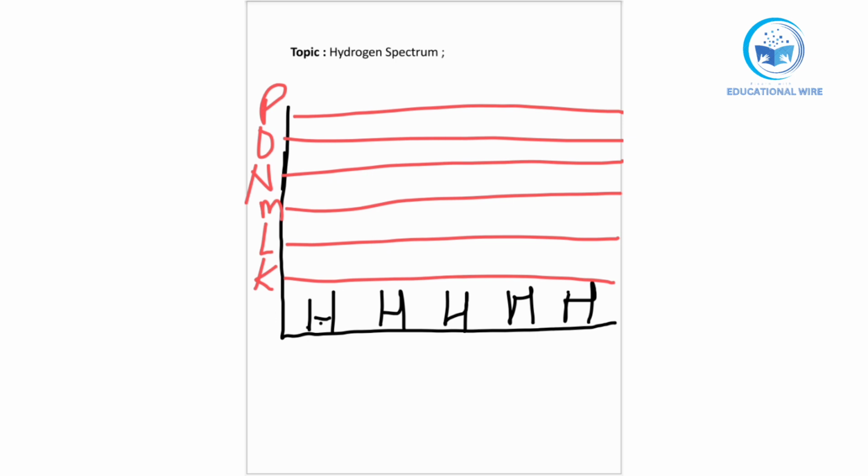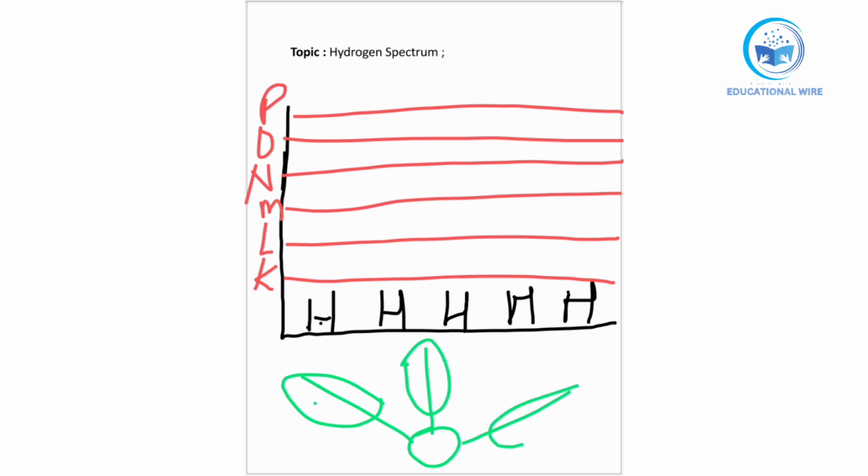Now let's suppose this is the sun. These sun rays produce which rays? Ultraviolet rays, visible rays, infrared. The ultraviolet is invisible, the visible will be visible to us, infrared is also invisible. But in infrared we are having 3 types of rays.